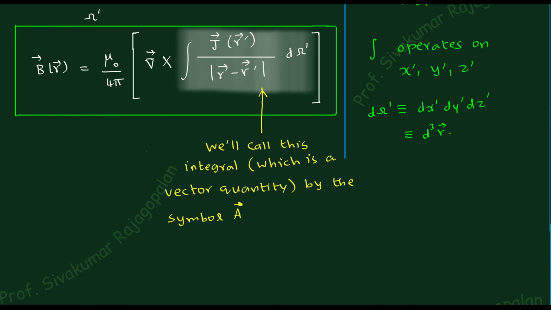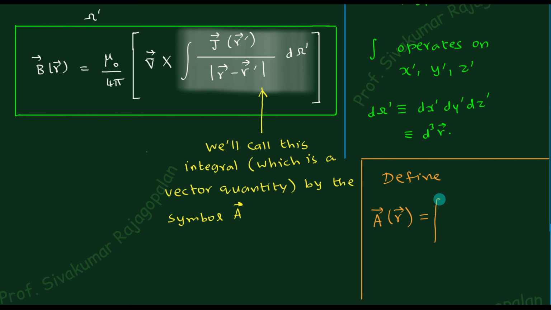And in this particular case, what do we mean by saying that we will call it? That means we are defining. We are going to call it by the name means we are going to define that the capital A vector is given by the integral of the same thing you write down, j of r prime d omega prime, divided by modulus of r minus r prime.